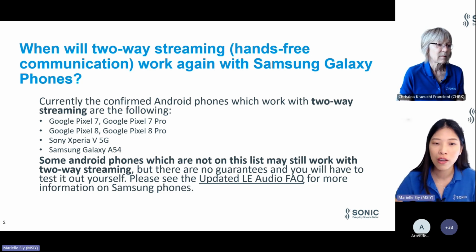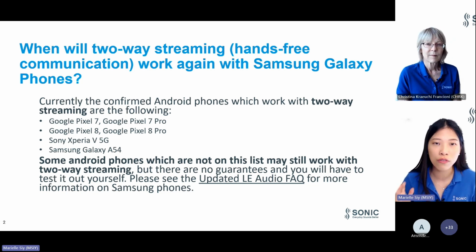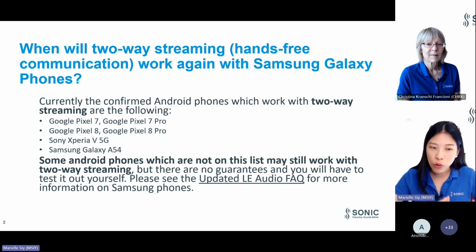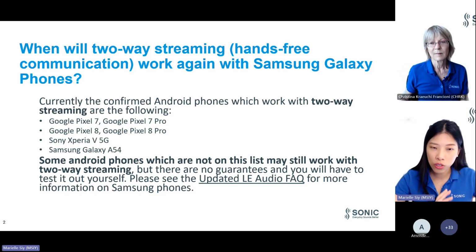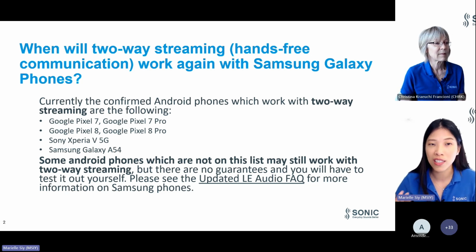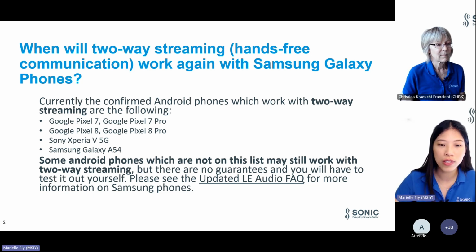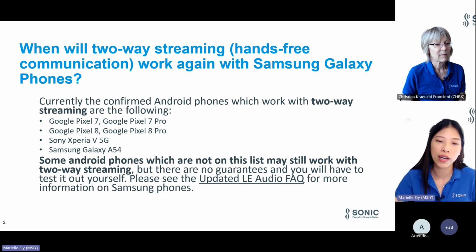It could work, but we don't have a guarantee yet because we are testing a lot of these Android phones. So if you want to see if it works, it's good to try it out for yourself and see what your experience is, because it's still possible it might work, even if it's not on this list. Later on, I will also send a document called the Updated LE Audio FAQ to give you more information regarding LE Audio and these Samsung phones.